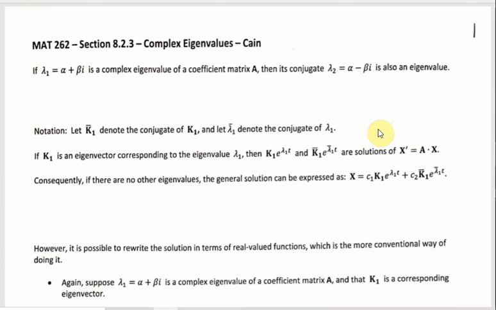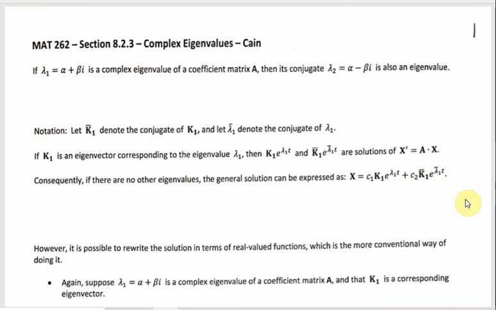One is this, which is by far the less conventional method, where if the bar over the top denotes conjugate, then whatever your eigenvector is that you get from lambda 1, it also has a conjugate. And if there are no other eigenvalues, your solution looks like this, where in the first term you say, oh, well, there's one eigenvalue and there's its eigenvector, and conjugate eigenvalue, conjugate eigenvector.